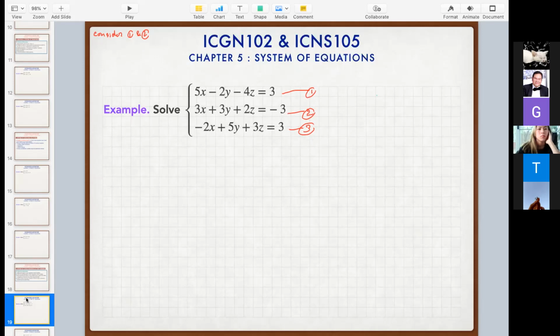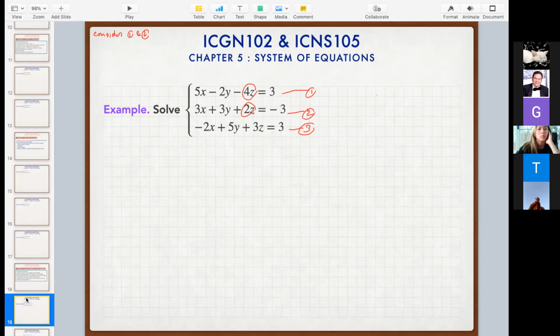I want to get rid of variable z, let's say. You can see that when I consider 1 and 2, in order to make variable z have the same coefficient, I have to multiply equation number 2 by 2 for every single term.